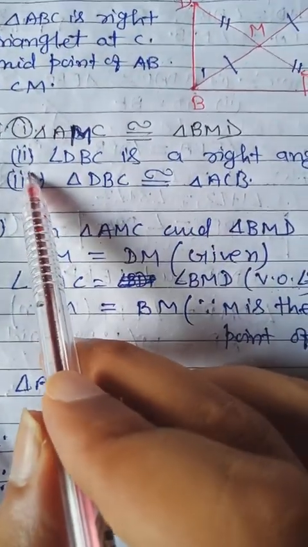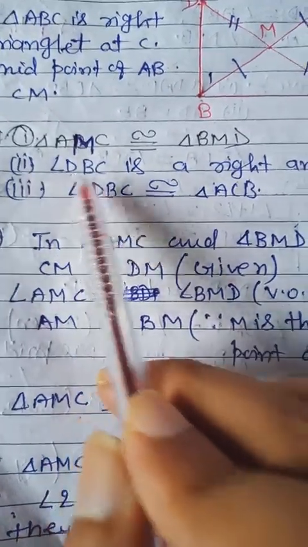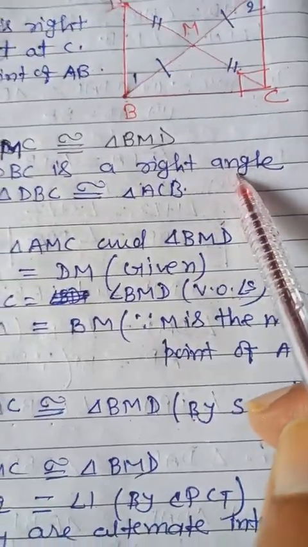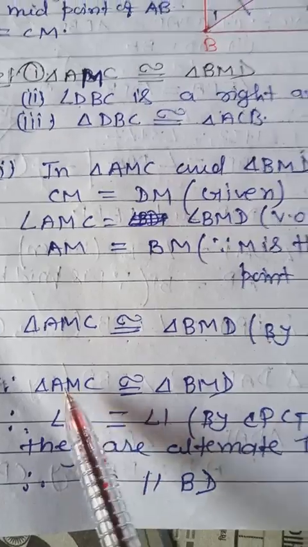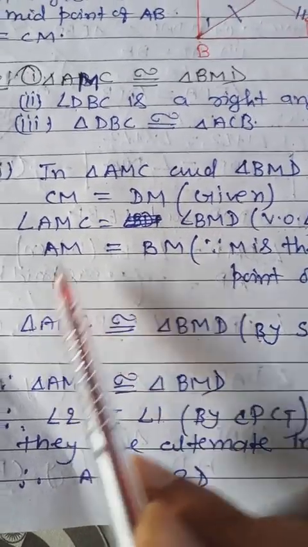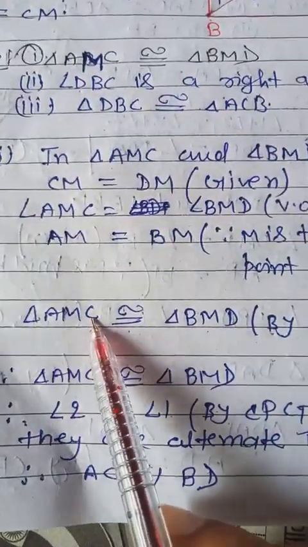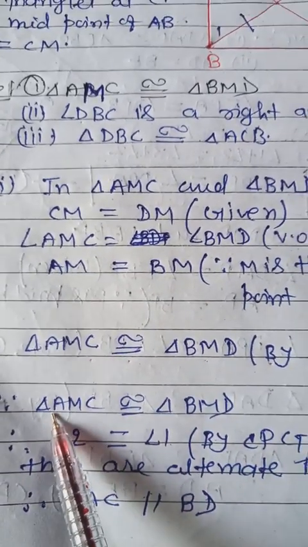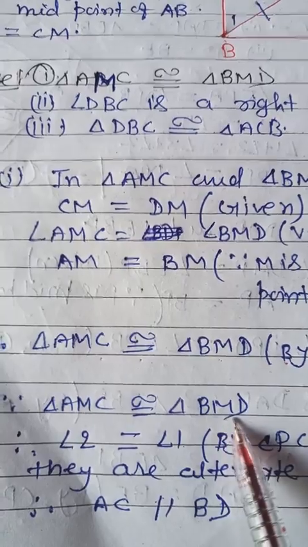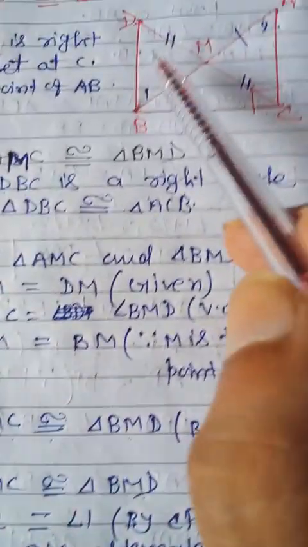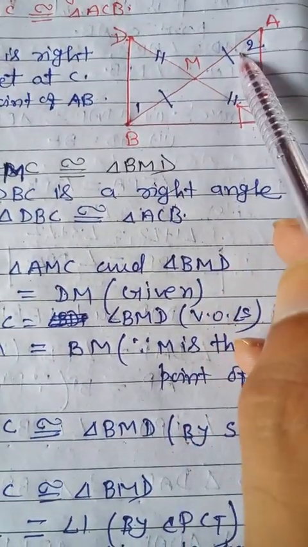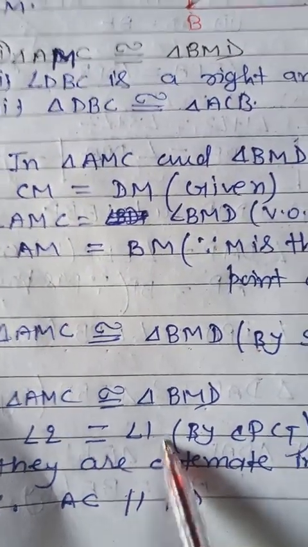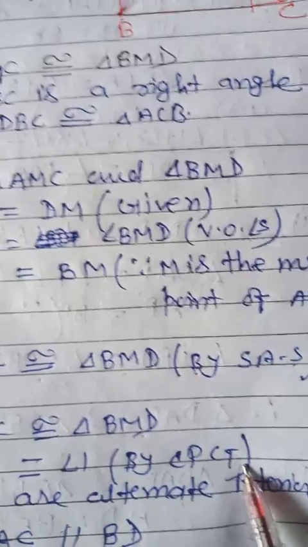Now the second proof is angle DBC is a right angle. In second, because by first proof triangle AMC is congruent to triangle BMD, that's why we can write angle 2 is equal to angle 1 by CPCT.